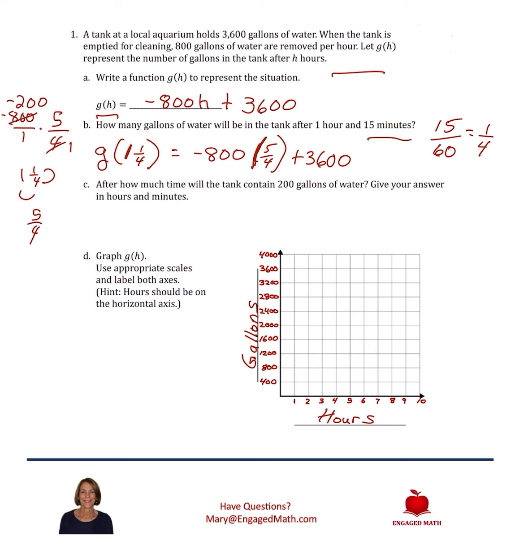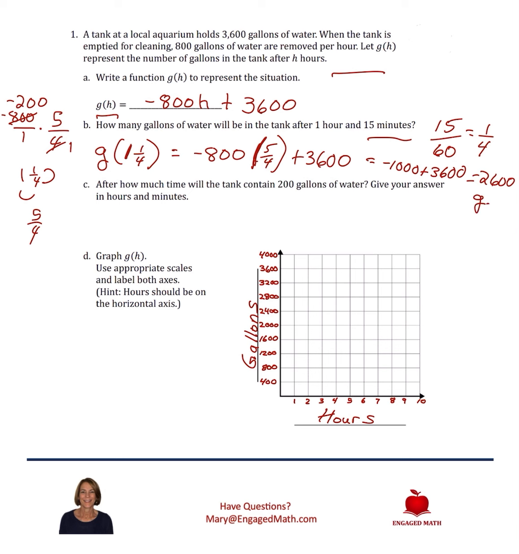So now we simply have negative 1,000. So it's negative 1,000 plus 3,600, which leaves us with 2,600 gallons of water after 1 hour and 15 minutes. You could put the word gallons in there; I'll just put a G for gallons.